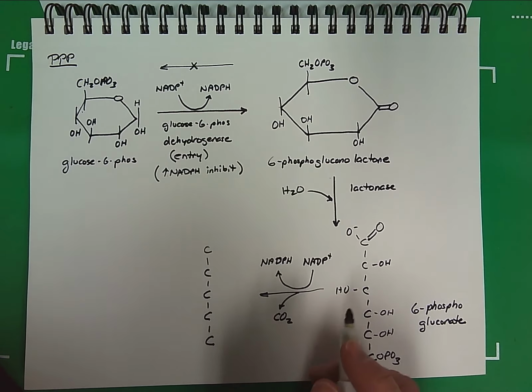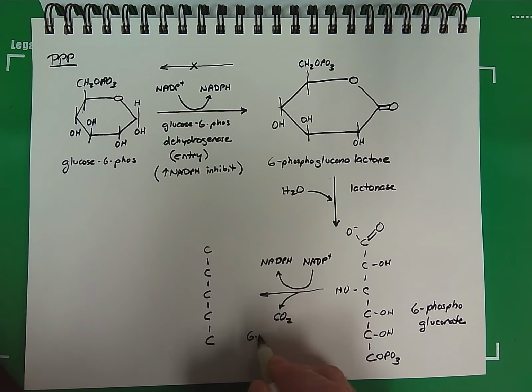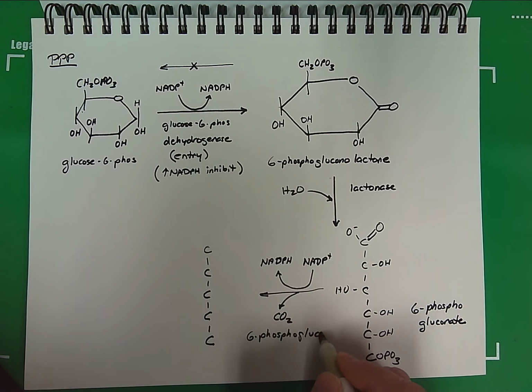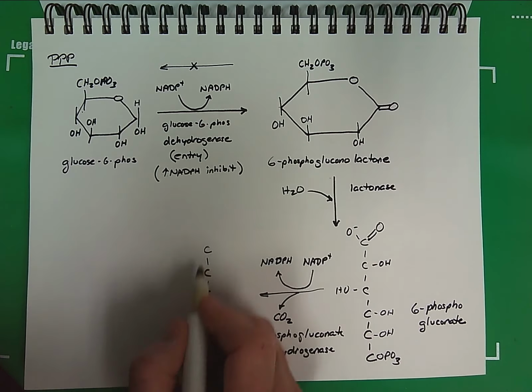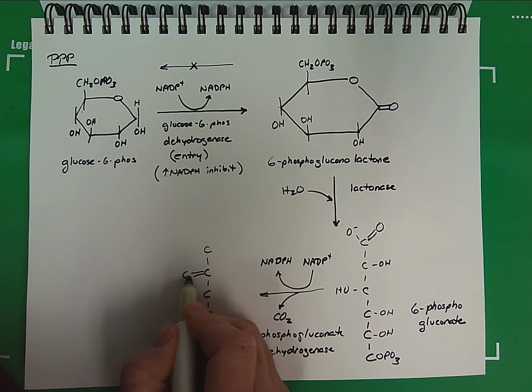The enzyme that performs this is called 6-phosphogluconate dehydrogenase. And the structure we are forming from this is a ketose.